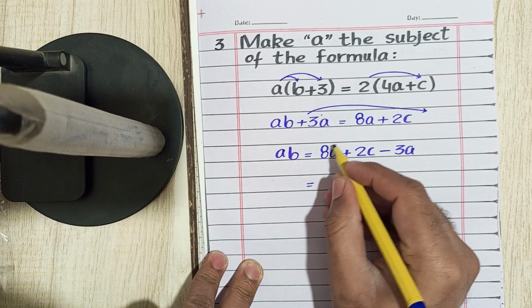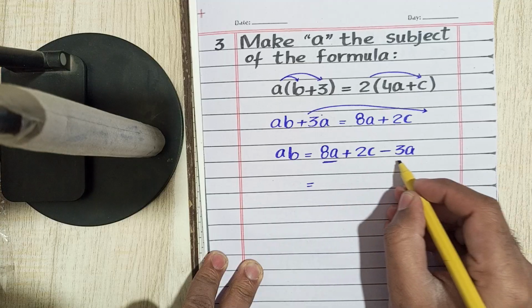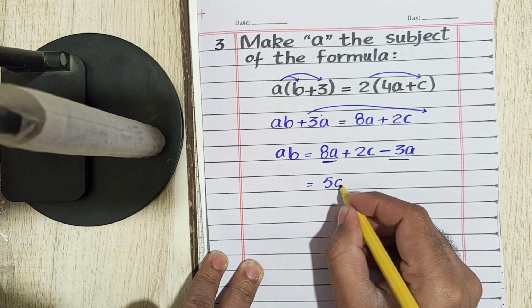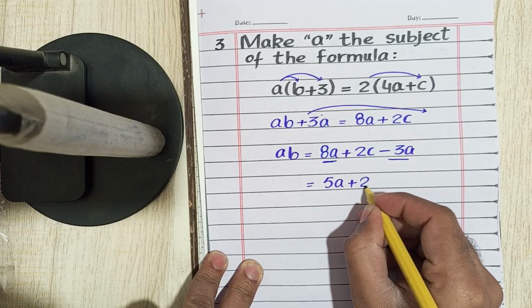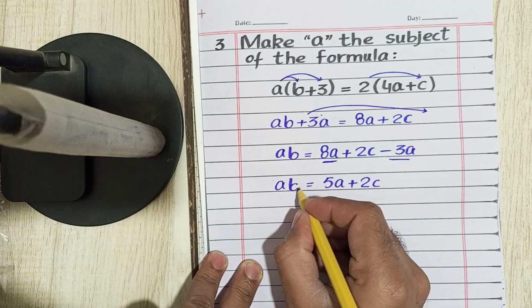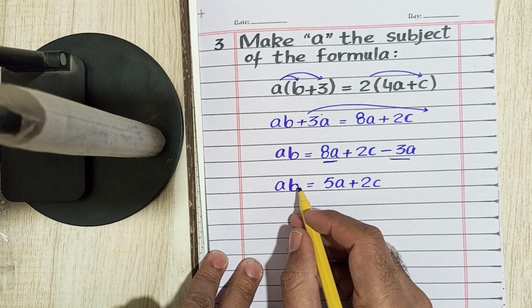So 8a and minus 3a, we have 5a, so 5a plus 2c. Here we write ab as it is.